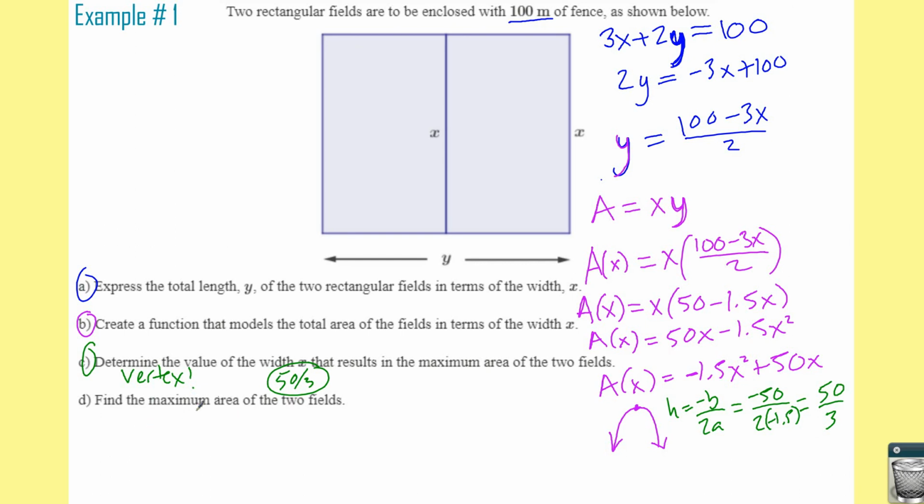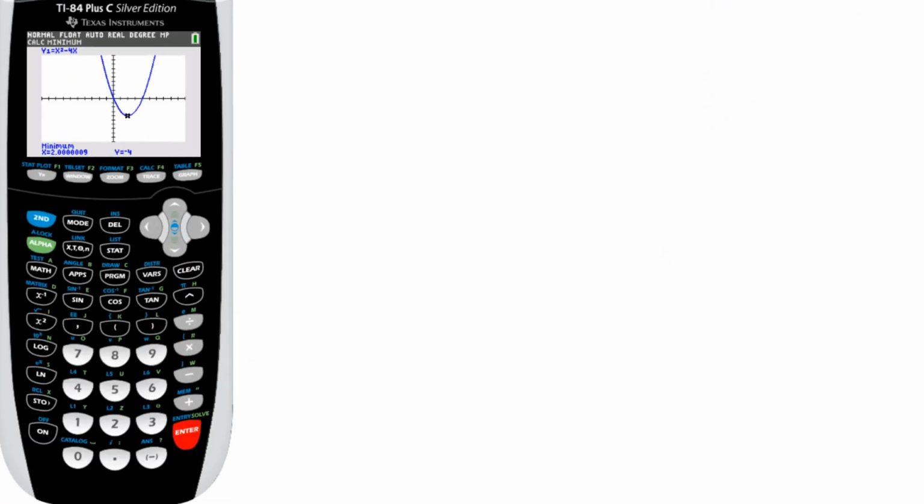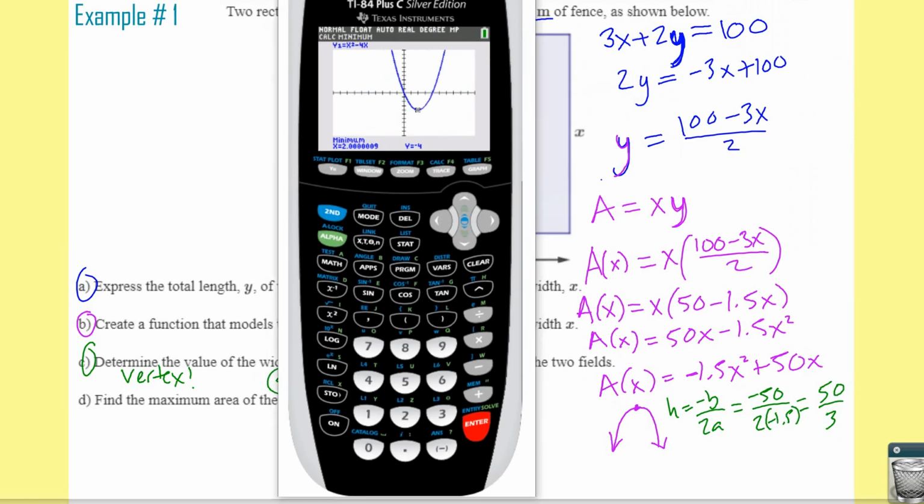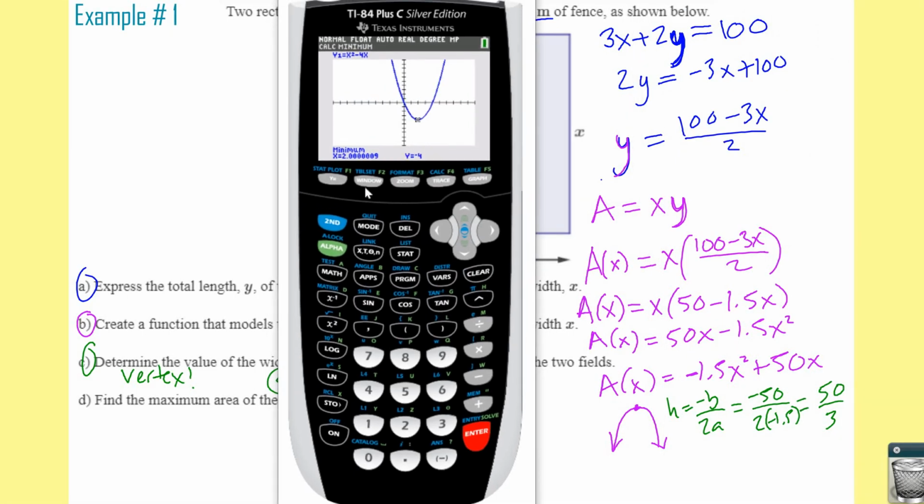And here we want to find that actual area, so now I would plug it into your calculator. Okay, so we're plugging in 50 over 3 into our equation. So negative 1.5 times, I want to put in parentheses 50 divided by 3.